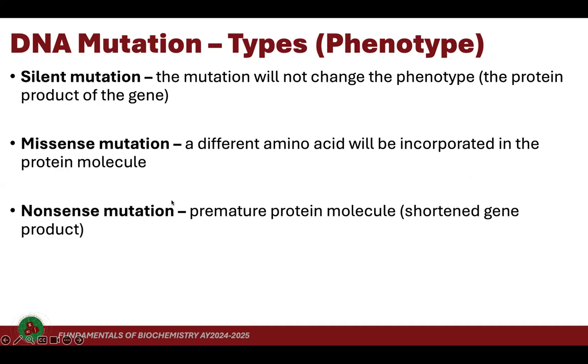Nonsense mutation means your translation process encounters a premature stop codon. So, somewhere along your mRNA transcript, the mutation causes one of your codons to be transformed into a stop codon when supposedly it should call for an amino acid. So, what you get is a premature protein molecule or a shortened gene product, which of course is non functional.